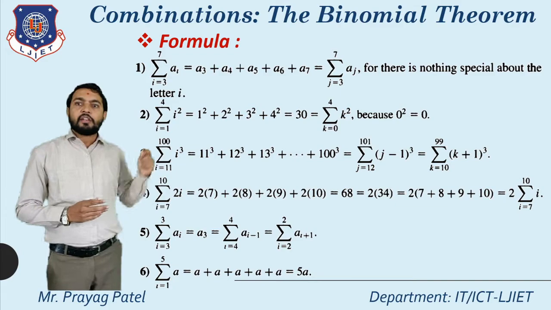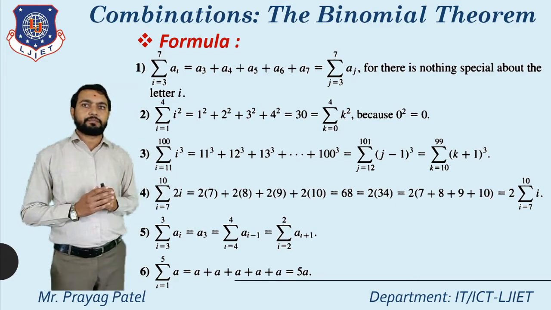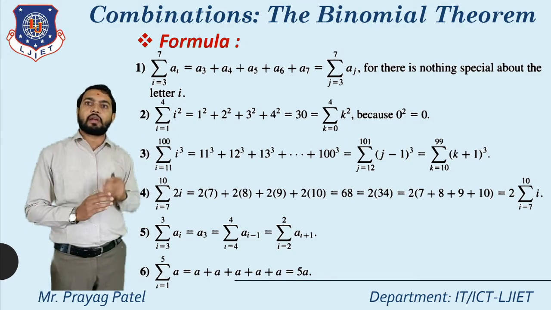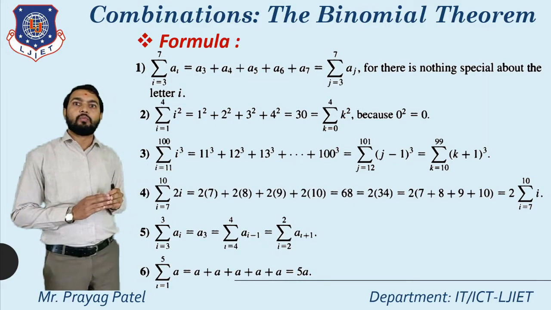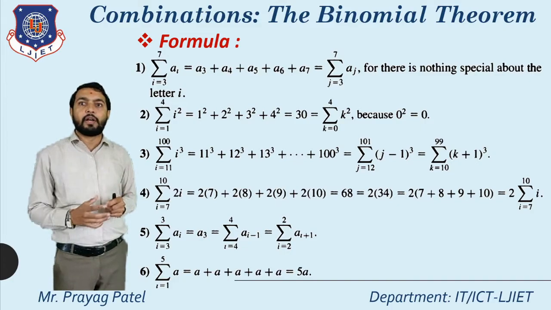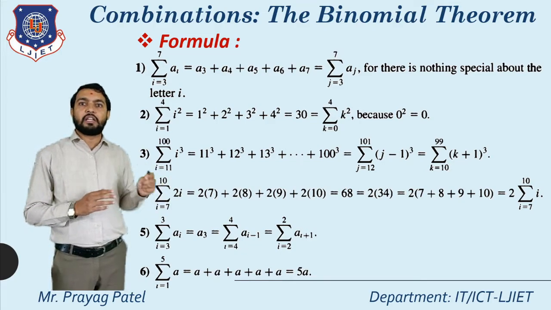Both are equal. Second, sigma i equals 1 to 4 of i square, that means 1 square plus 2 square up to 4 square, which is equal to 30. If we use the starting value 0 in place of 1, what is the difference? There is no change, because 0 square is also 0, so there is no change in the addition.